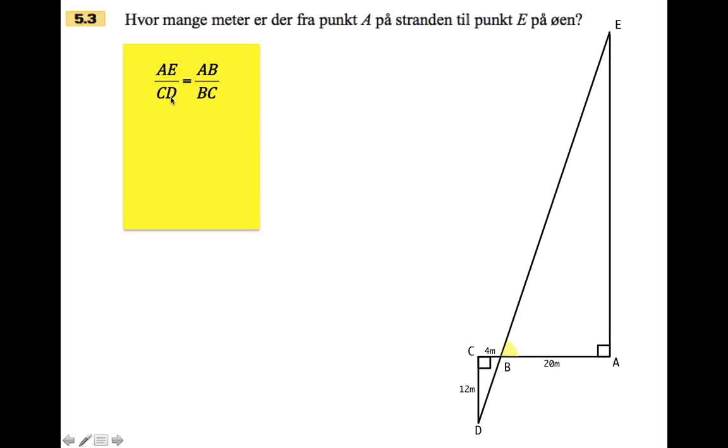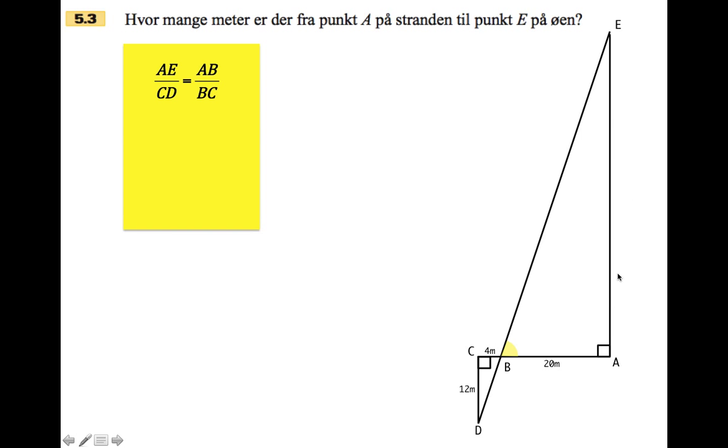So AE divided by CD equals AB divided by BC. I'm doing this on my rough paper, that's why it's yellow. So I'm saying AE, the one that we want to know, divided by CD, the one that's like it in the other triangle, is going to be the same as AB, that's the 20 in the big triangle, divided by BC, that's the 4 in the little triangle.